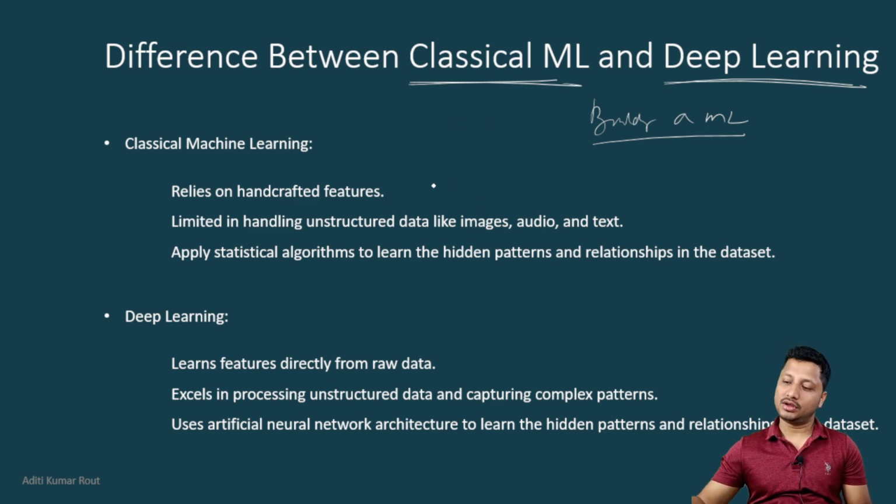I should have domain knowledge related to the data I am going to use in the machine learning model. So the point here is that it relies on handcrafted features. I need to pre-process or prepare the data in a certain way, or into a certain format, so that our classical machine learning model works on top of the data appropriately.